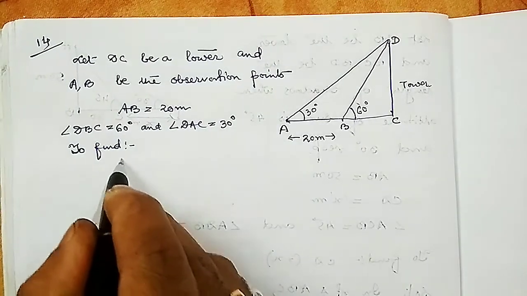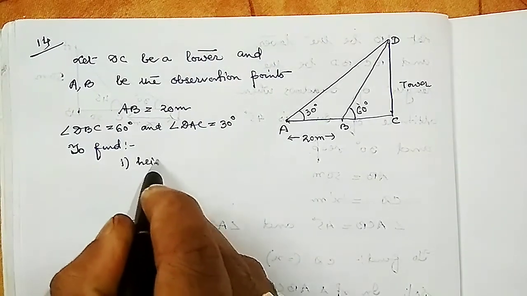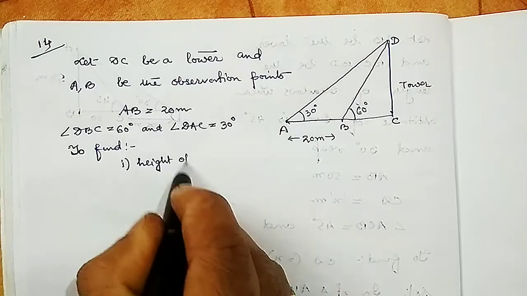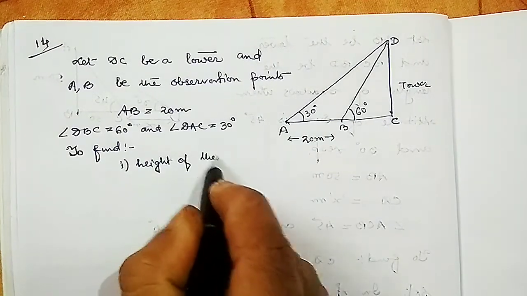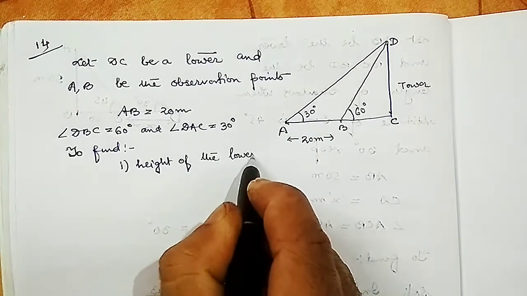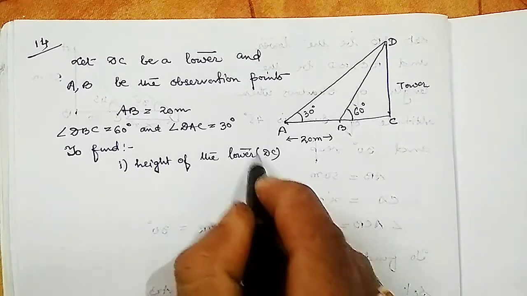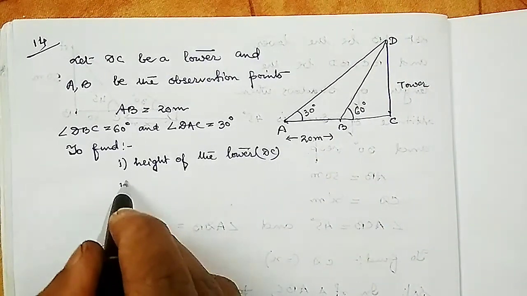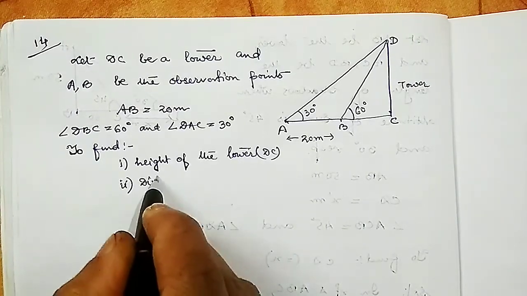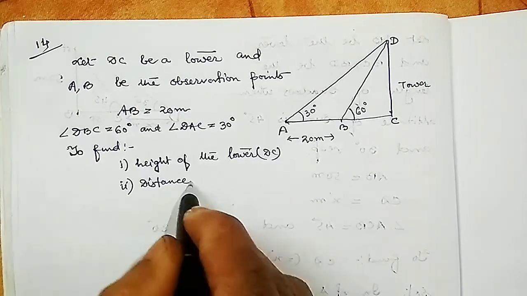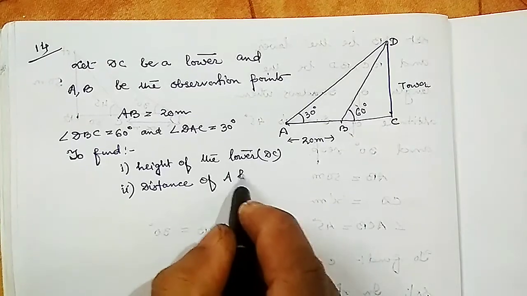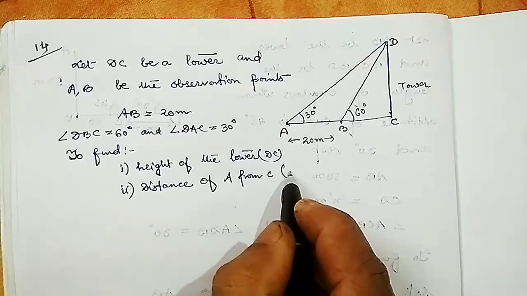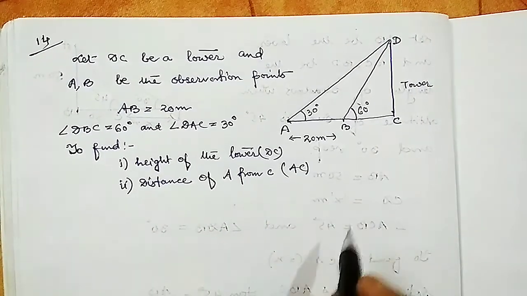So to find: number 1, height of the tower, which is DC, and number 2, distance of A from the foot, that is AC. Clear?